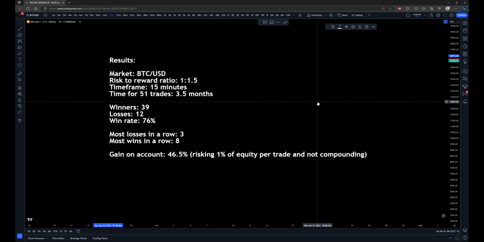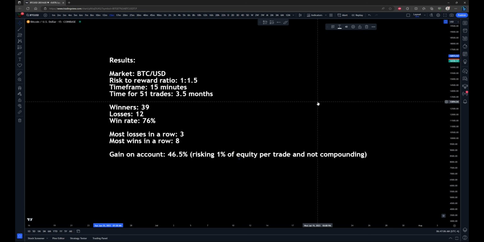This one on Bitcoin against the US dollar using a 1 to 1.5 risk to reward ratio on a 15-minute time frame, which took 3.5 months of price data. So 39 of those were winning trades, 12 were losses, the win rate being 76% from that small sample of backtested trades. The most losses in a row was 3 and the most wins in a row was 8. The gain on the account, 46.5%.